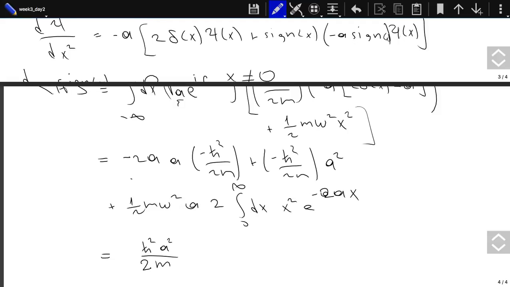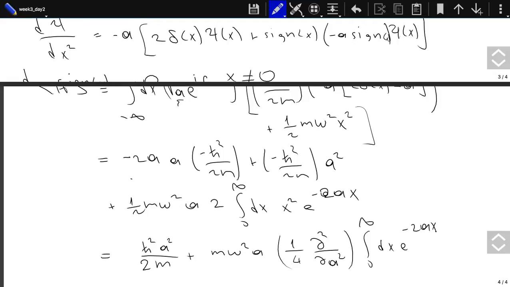So those are the first two terms, plus m omega squared a times 1 over 4 d squared by dA squared of the integral from 0 to infinity dx e to the power minus 2ax.